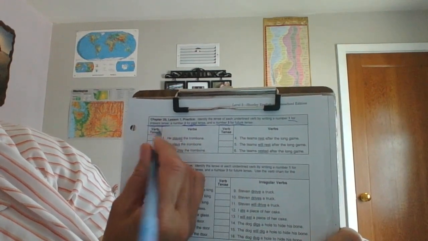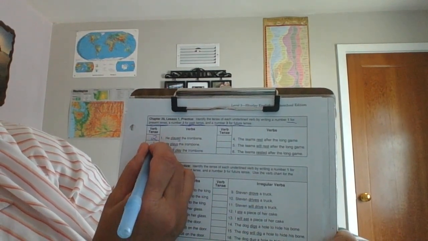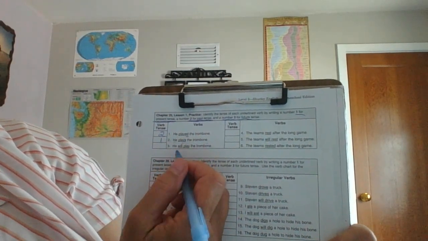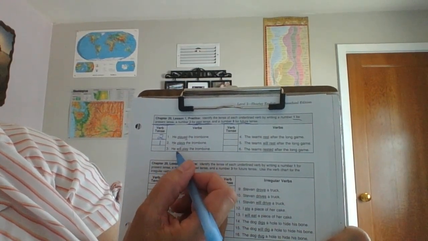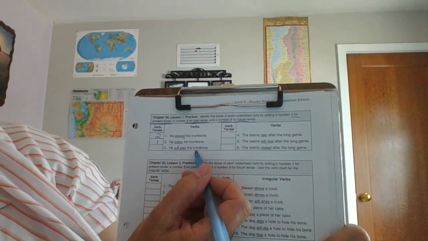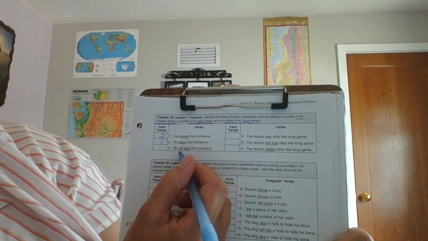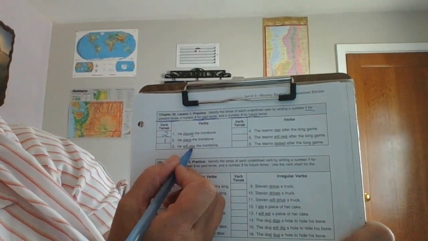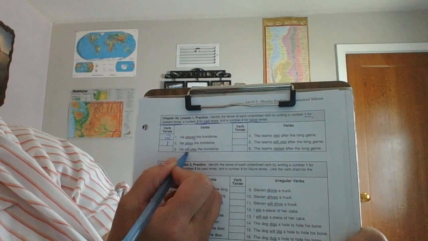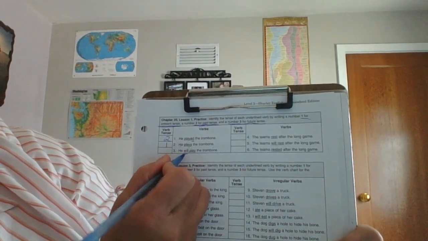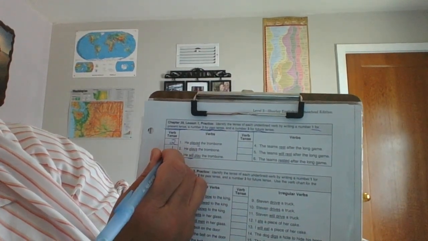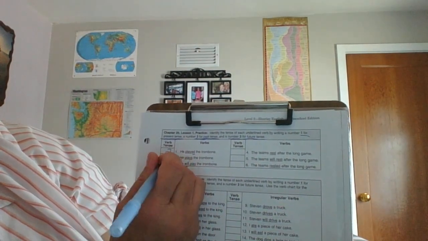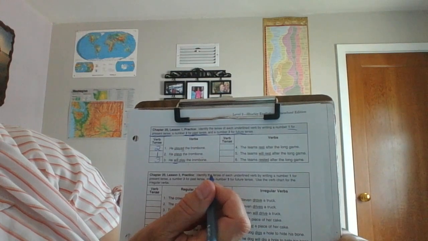That's a present tense verb. That is going to be number 1. And then the bottom one, it says, he will play the trombone. That happens in the future. Remember, will is often added to a future verb. Not always, though. Anyway, so our future tense verbs are number 3. All right?